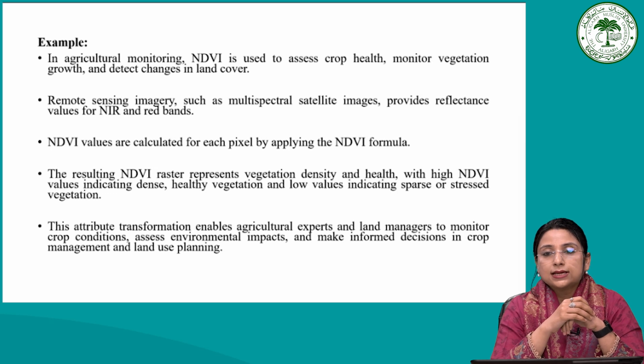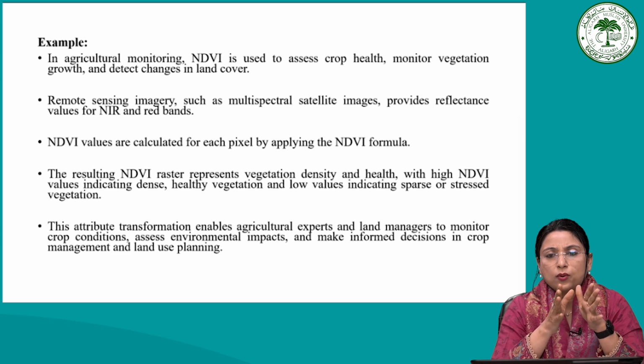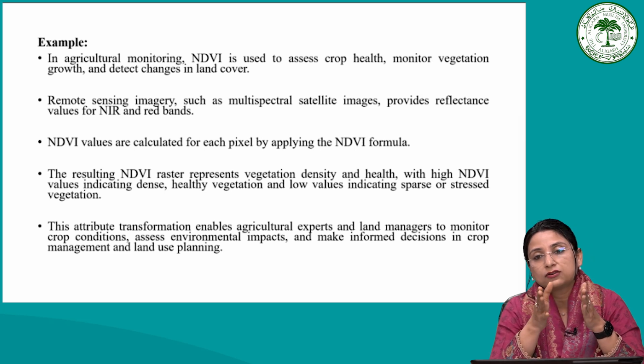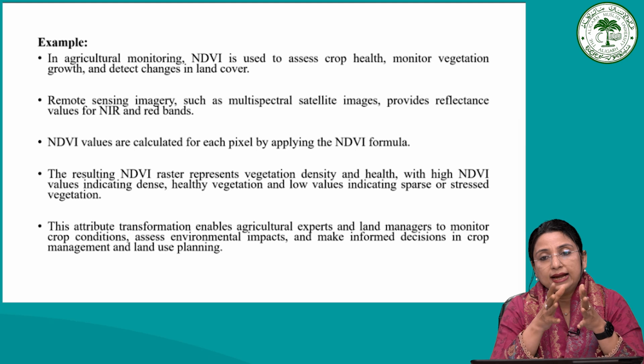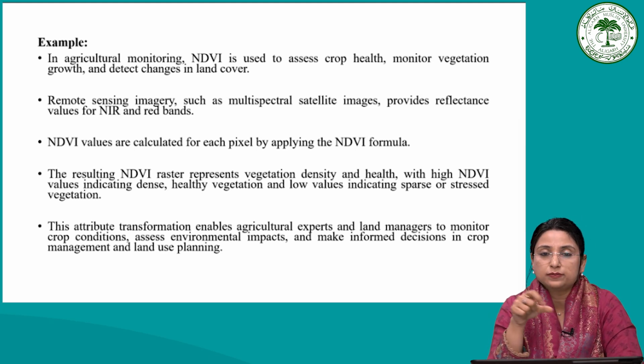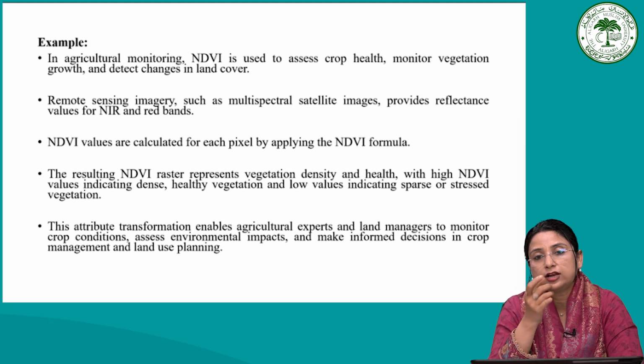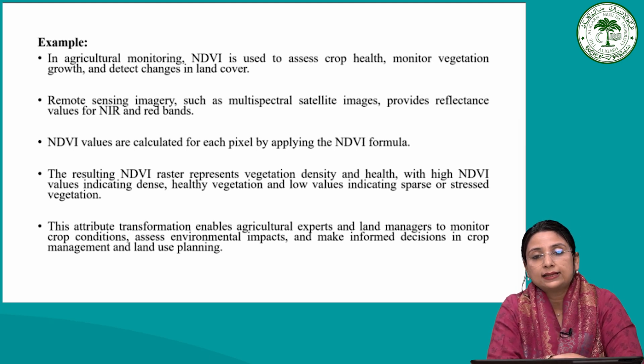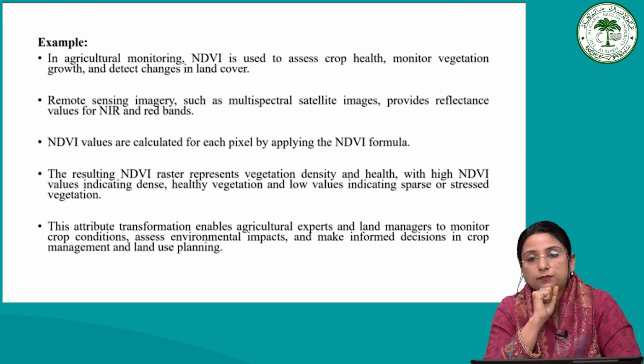From remote sensing imagery, such as multispectral satellite images, which provide reflectance values of near infrared and red bands, the NDVI values are calculated for each pixel by applying the NDVI formula we saw in the previous slide.